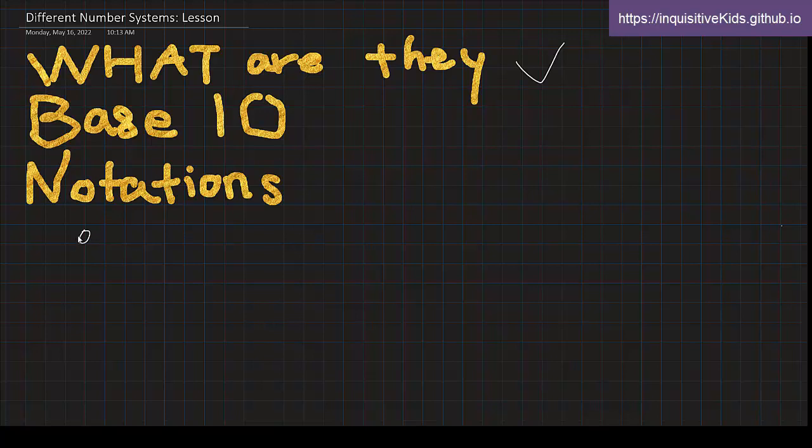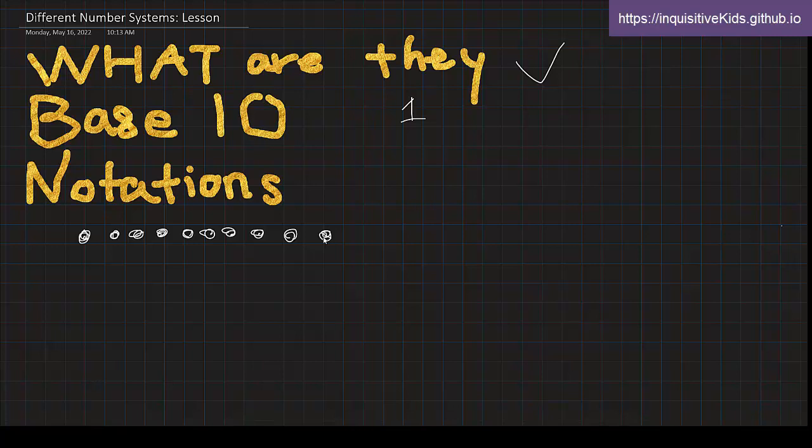So this is 1. Now, how we would write that would be this, right? But then let's add 9 more. 1, 2, 3, 4, 5, 6, 7, 8, 9, 10. Okay, so now we have 10.